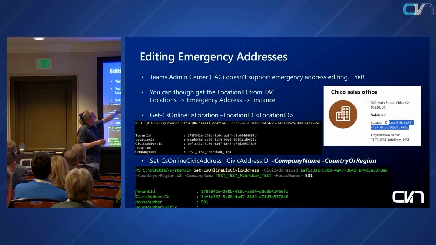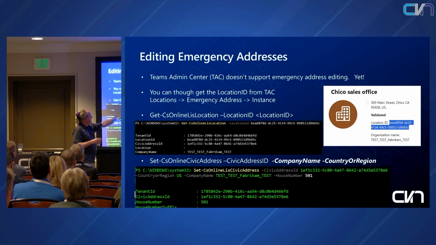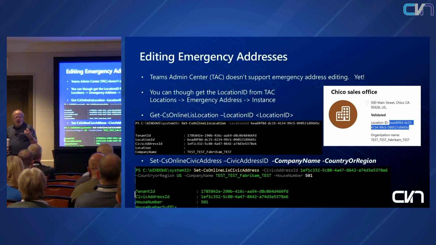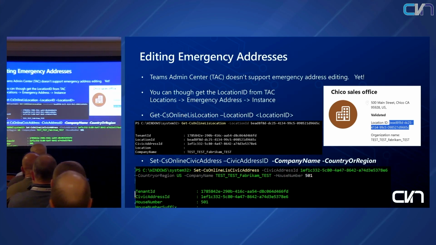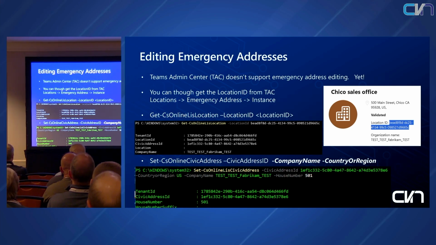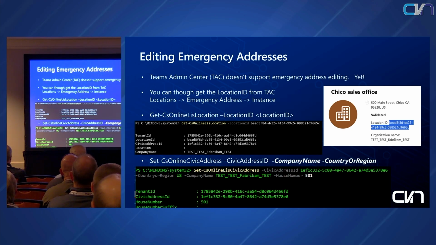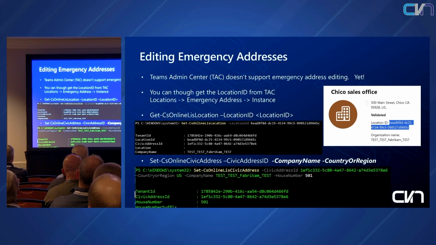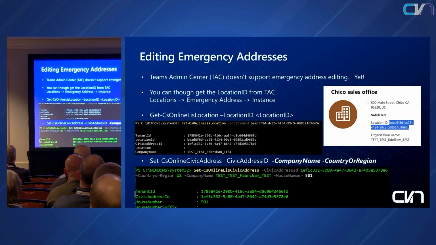That's what this screenshot is for, the Get-CsOnlineLisLocation. The civic address part of that location object is what you can edit. And when you edit that, you're using Set-CsOnlineLisCivicAddress.